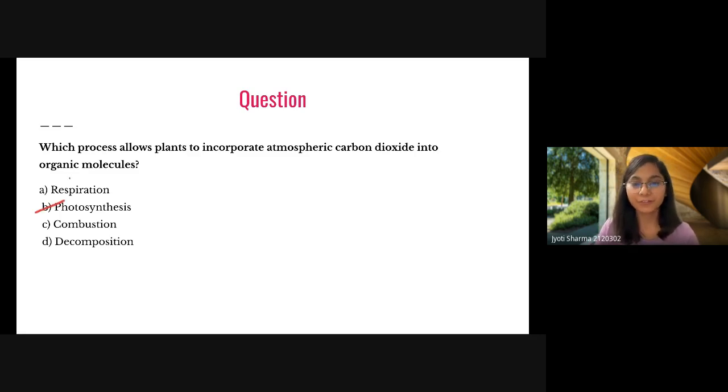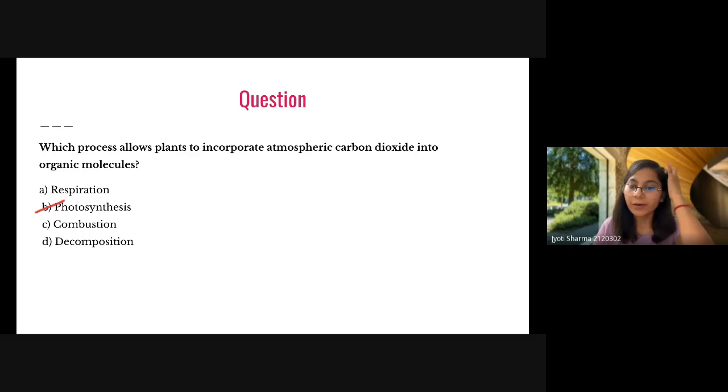In the presence of sunlight, CO2 will be converted into glucose, water and oxygen. Respiration is opposite to that. We will take oxygen, we will break down the glucose that has been formed by photosynthesis, and CO2 will be released in respiration.